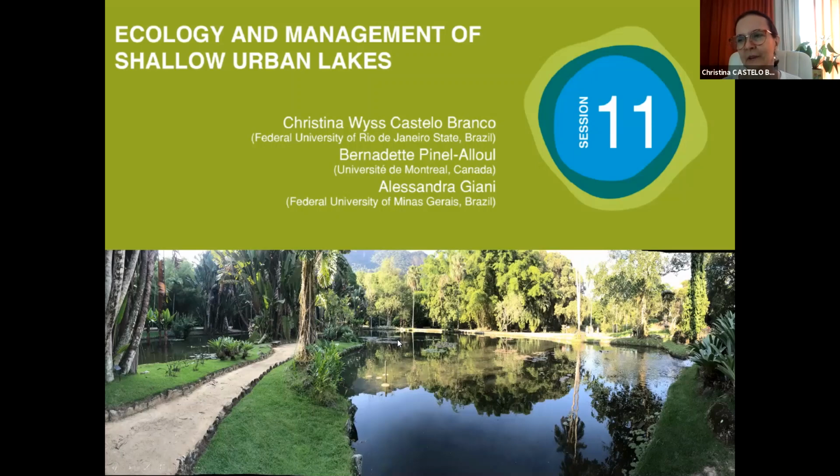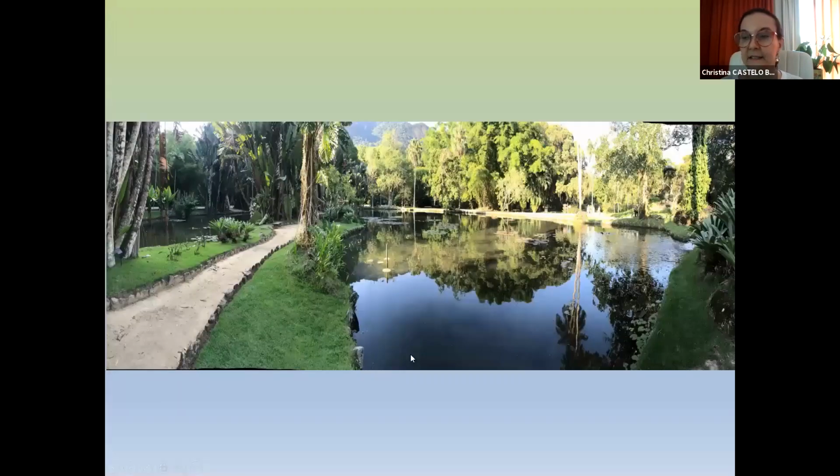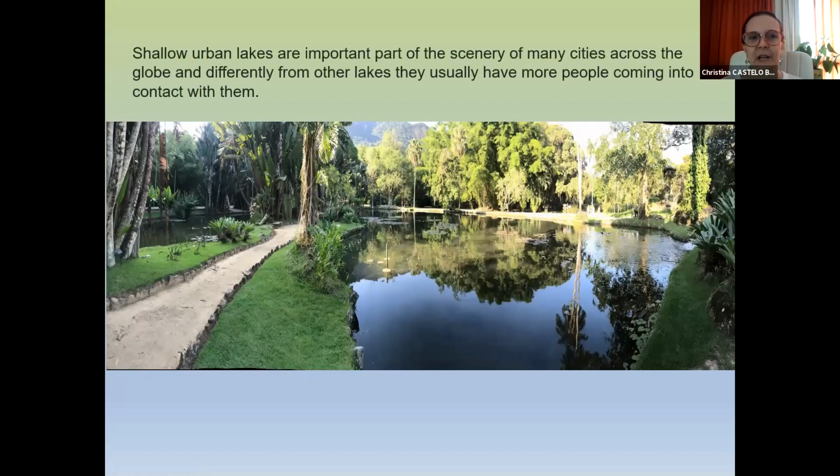And I think that it is one of the examples of urban lakes that we should study more. Shallow urban lakes are an important part of the scenery of many cities across the globe, and differently from other lakes, they usually have more people coming in contact with them.